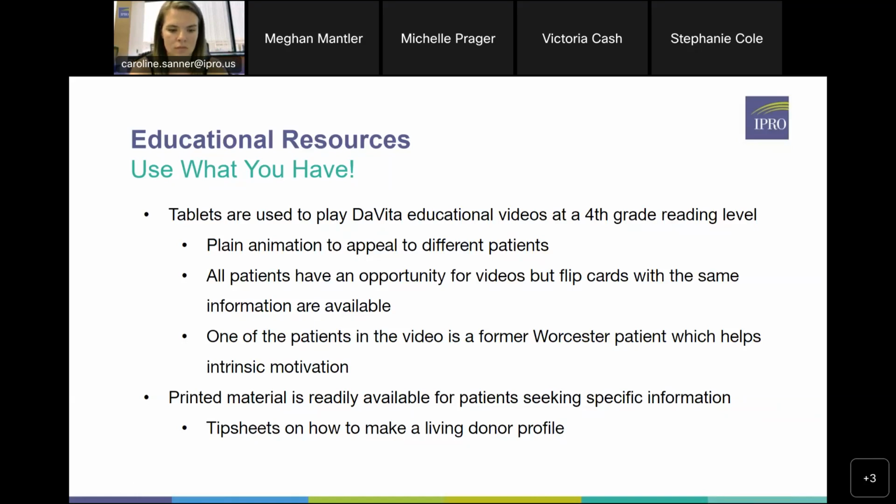The colors of the screen don't make it as if it's one culture or another culture. It's very plain. All patients have an opportunity to watch these videos or use the binders that are the flip cards of each scene in the video. And we have the information available through our translator as well.